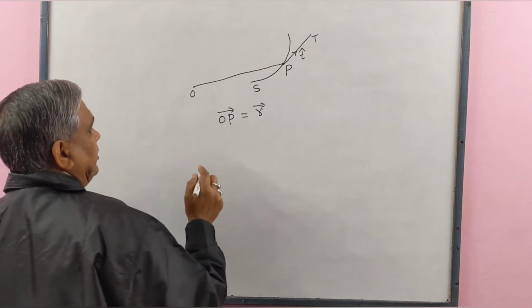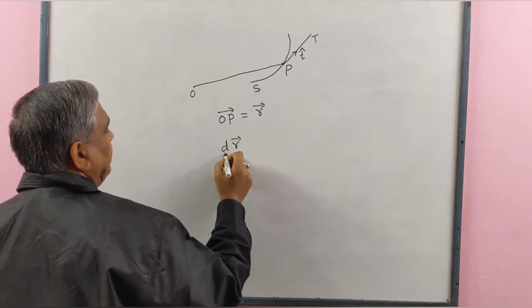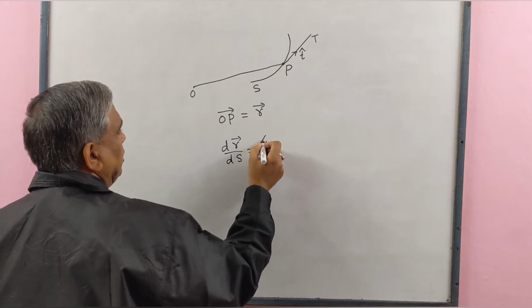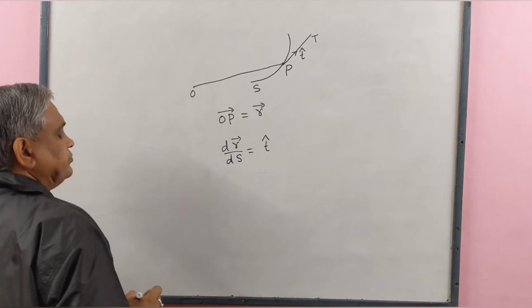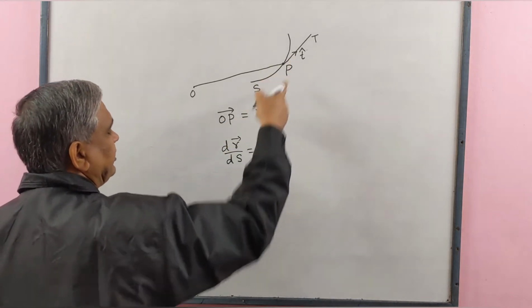We know that dr by ds equal to unit tangent T, that is unit vector along the tangent.